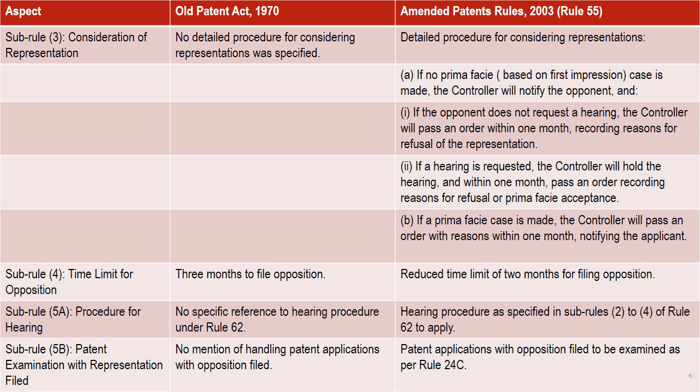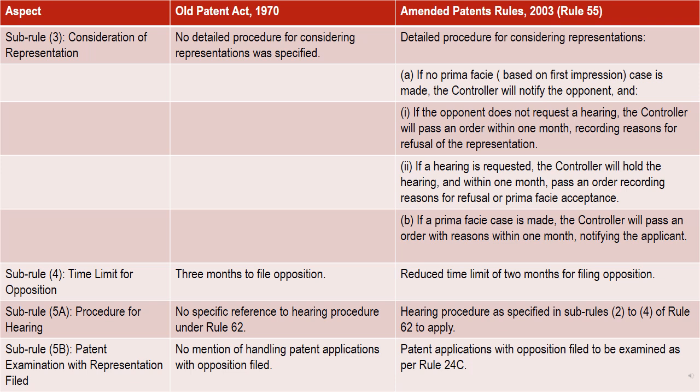Amendment to Rule 55. A. Change to Sub-rule 3, that is, a new detailed procedure is added for handling representations, meaning opposition filings. What is the procedure if no prima facie case is made? The controller will notify the opponent.